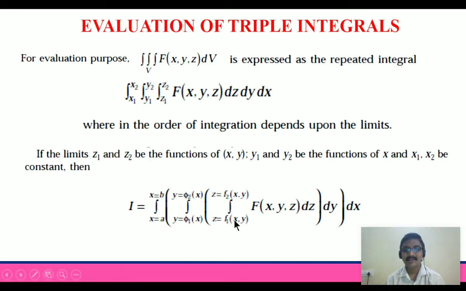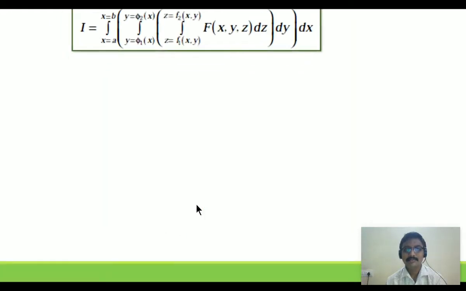That is, z limits are in terms of x and y, so integration with respect to z is the most inner integral. Then y limits are in terms of x, integration with respect to y, and the most outer integral is integration with respect to x, because x limits are constants.